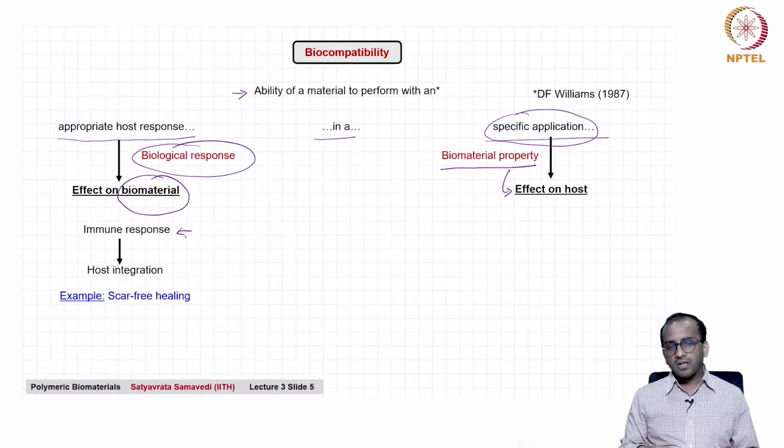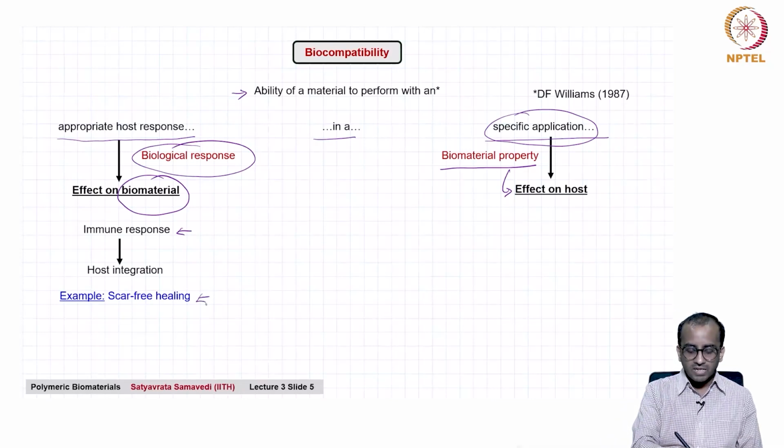If the body recognizes it, mounts an immune response that is not favorable, and then isolates it, that is also problematic. What you want is the body identifies it as a foreign object, mounts an immune response, and with time the type of immune response, or the landscape of the immune response, changes, which means that eventually this material is going to integrate with the host.